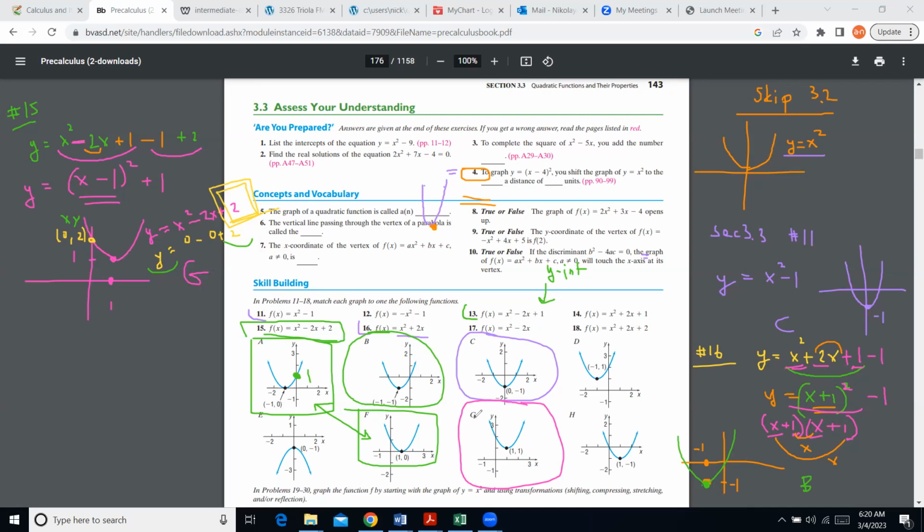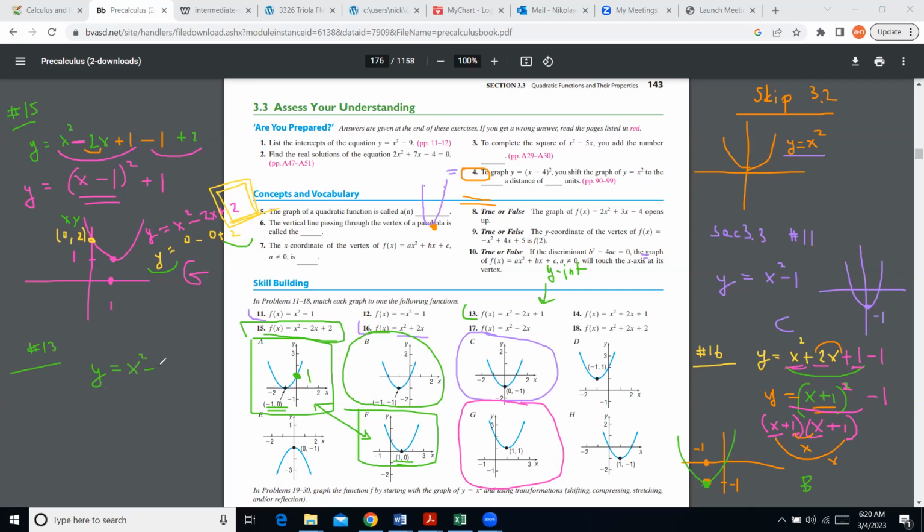So how do I know which one I should select? Well, if you don't want to complete the square, you can see the vertex here is -1 and 0. So would this work for exercise number 13? Let me check this out. Or the other, +1 and 0, works. So that's another way to guess what the graph is without completing squares.